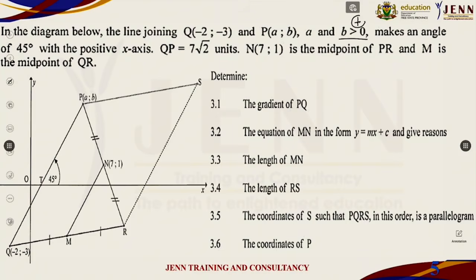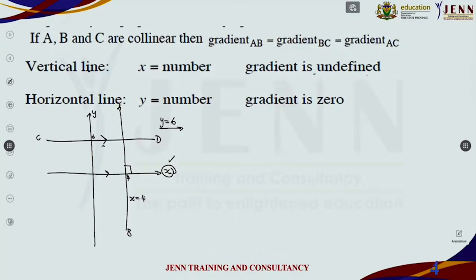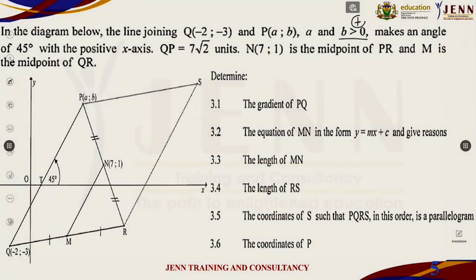Then it makes an angle of 45 degrees with the positive axis. We are told that an angle of 45 is there with the positive axis. Then QP equals 7 square root of 2 units.